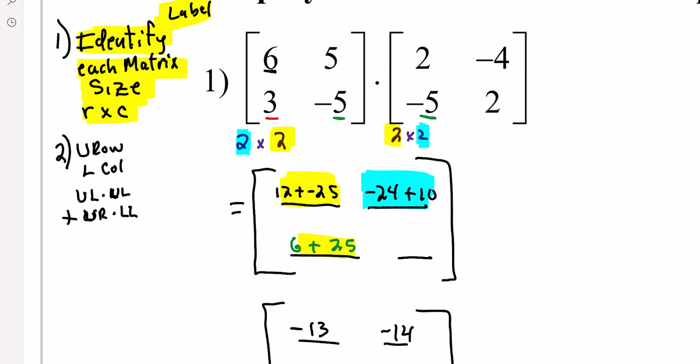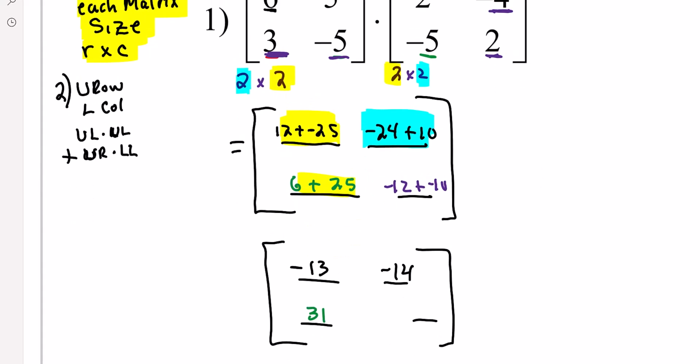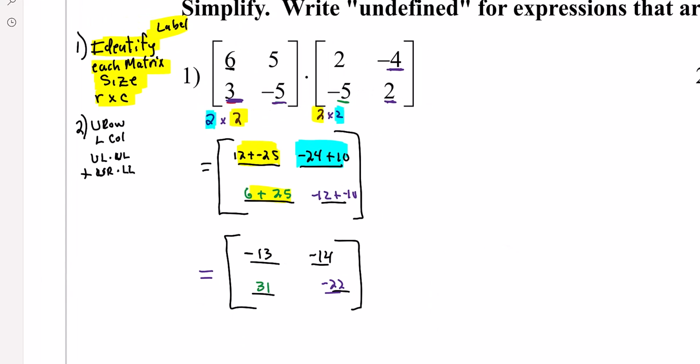And then 3 times negative 4, negative 12, plus negative 5 times 2, which is negative 10. And add those together, you get negative 22. Boom. And that's the matrix. That's matrix multiplication.